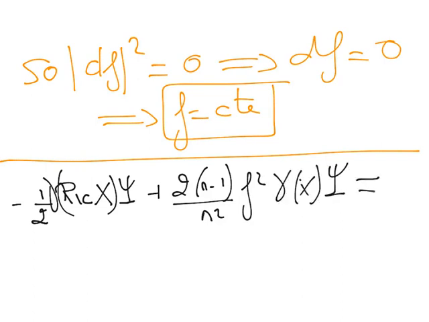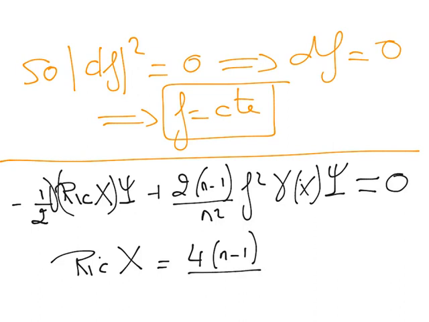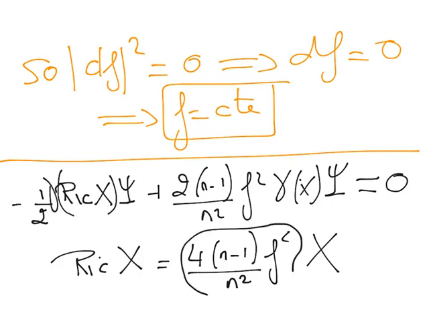This is identically 0. Now, of course, because my spinor field is non-trivial, one can conclude that Ricci x is 4(n minus 1) over n squared f squared times x. So this implies that my manifold is Einstein, and because it is Einstein, this constant here will be equal to the scalar curvature over the dimension.